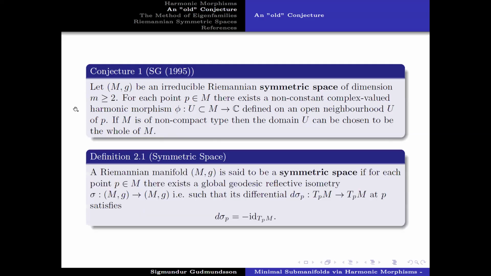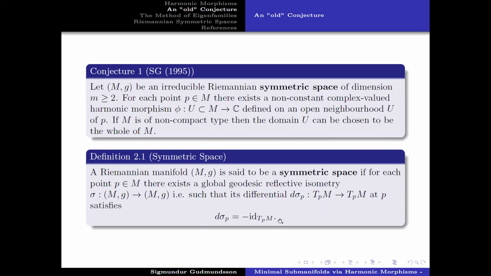That's okay. So what is a symmetric space? Emilio, do you think everybody in this symmetric seminar knows what a symmetric space is? Yes, I guess pretty well. Yes. Okay, a Riemannian manifold is said to be a symmetric space if for each point P there exists a global geodesic reflective isometry sigma.